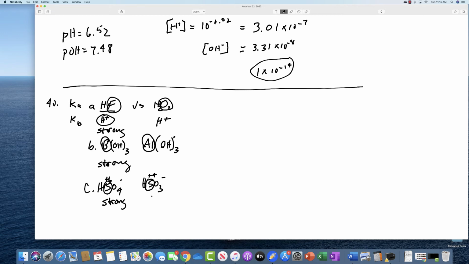The fourth one, which is ammonia versus H2S or sulfur dioxide. Now, the way you would delineate those two is the fact that ammonia actually takes a proton to form the ammonium ion.